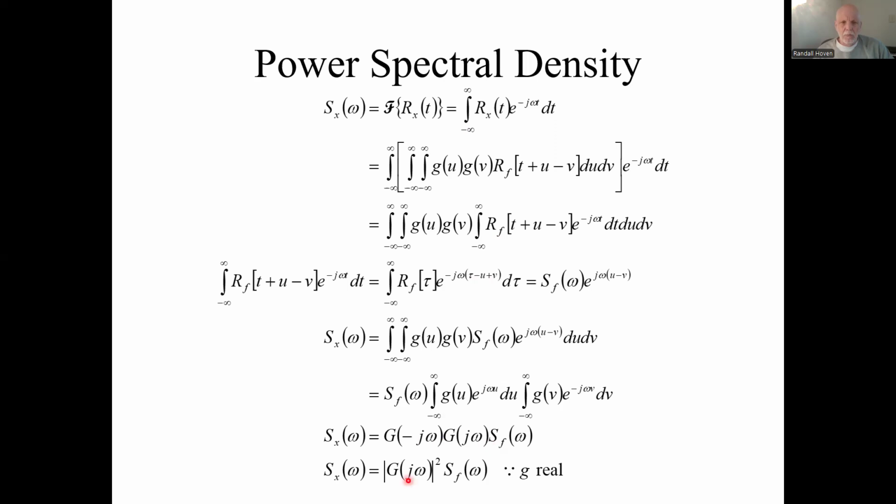And this is the same if g is real, which we're going to assume. This last line is the same as that line. And anyway, that's the same relationship we had even with deterministic signals. Now that relationship works with random processes. So we have a way to find the output power spectral density knowing the input.